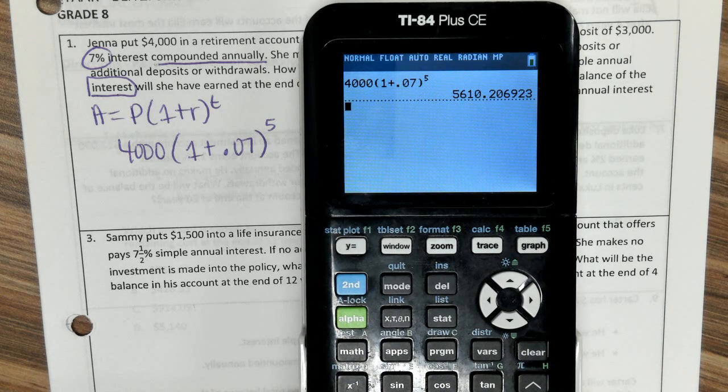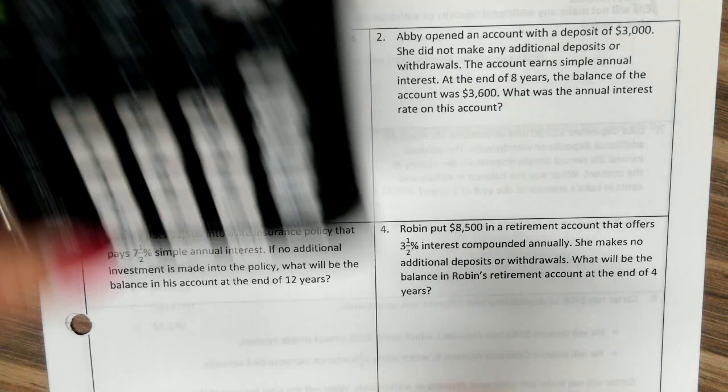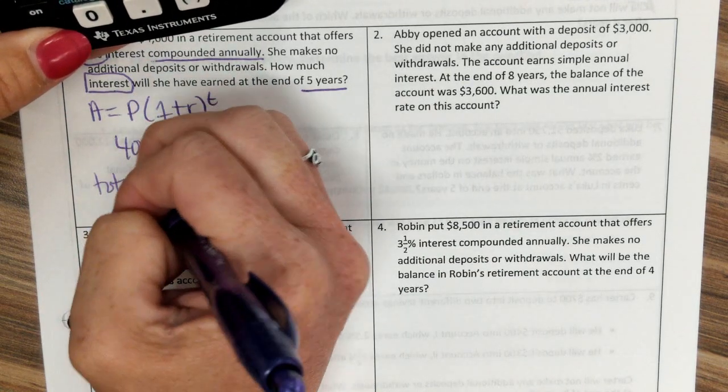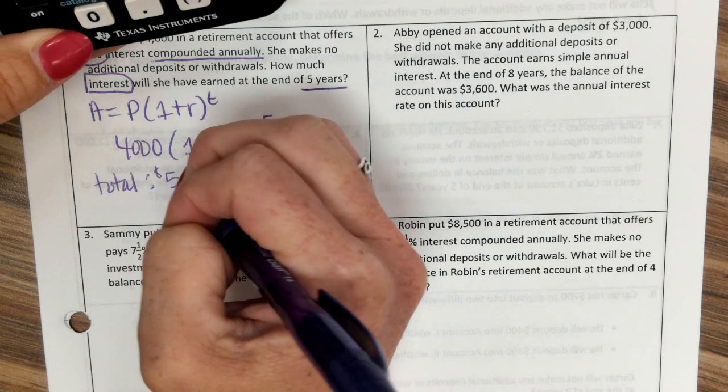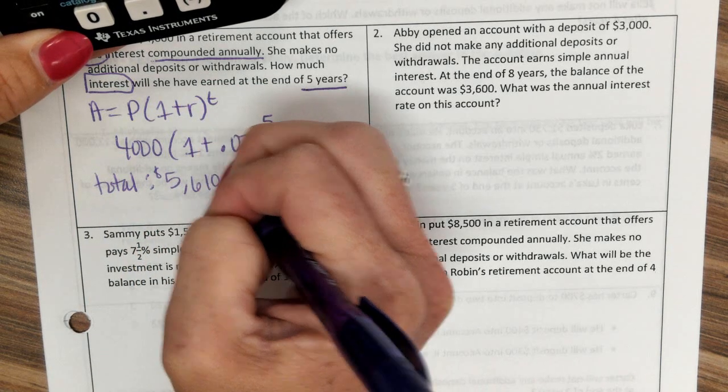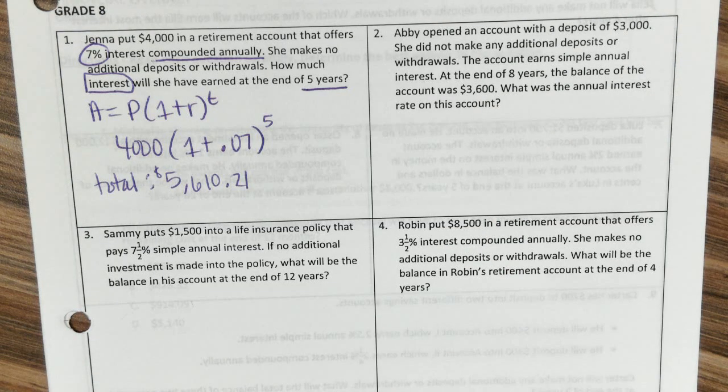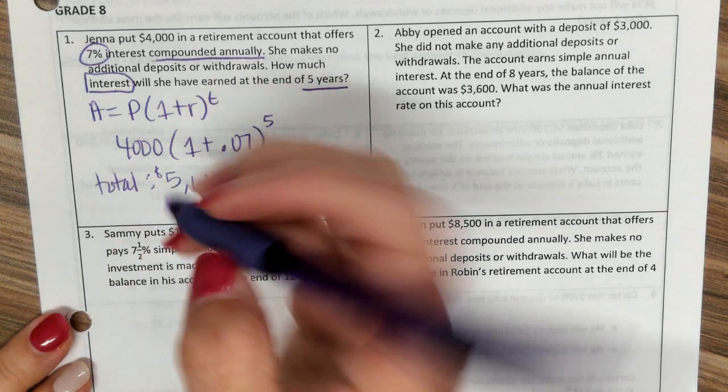So the total she's going to have in her account is $5,610.21. But the question didn't say how much money will she have in the account. It said how much interest. So I have to subtract the principal out.